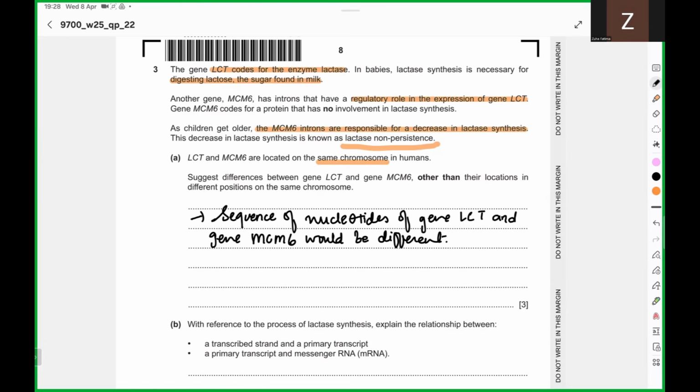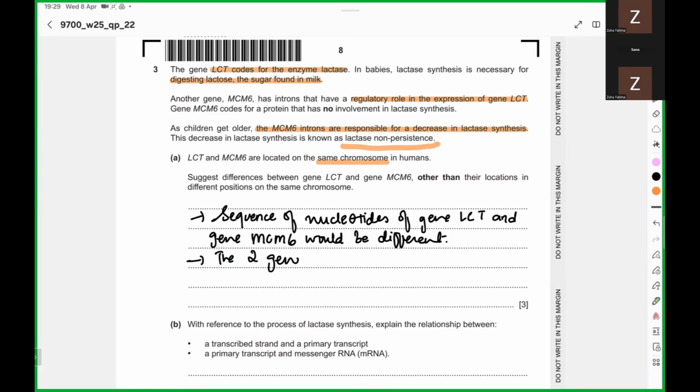Then it is also possible that the length, which means how many nucleotides make up a single gene, would be different. So the two genes would have different lengths.